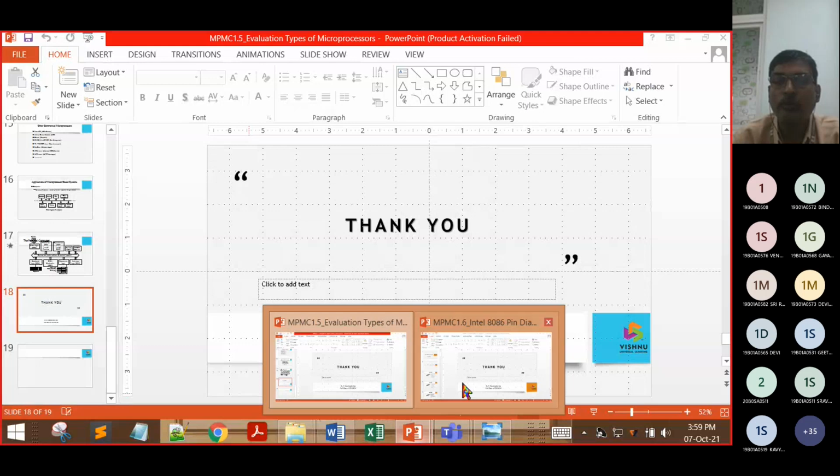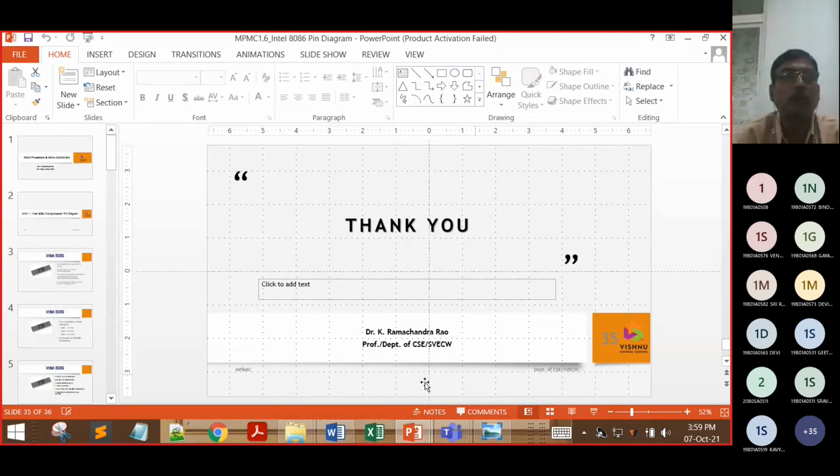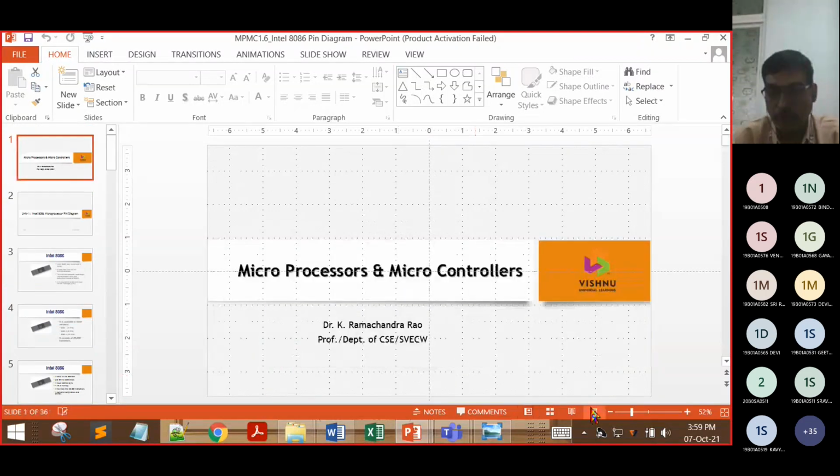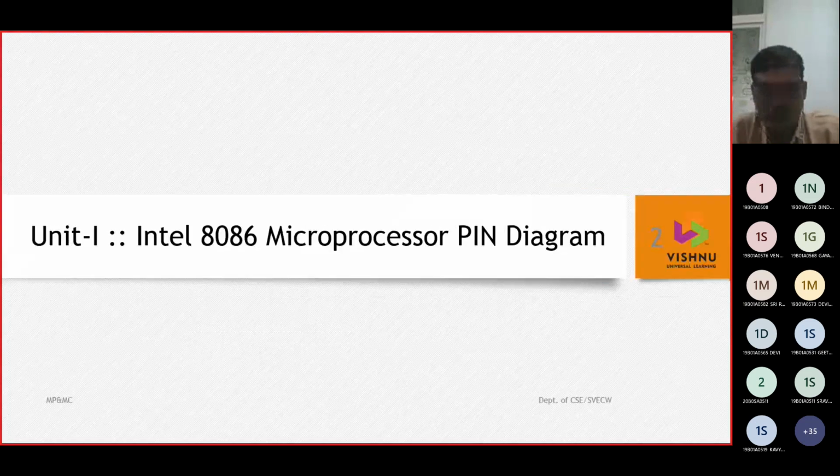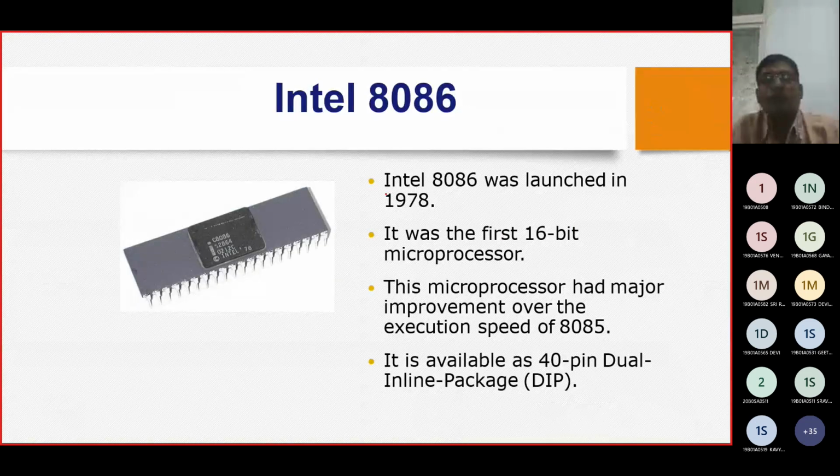Now we will start a new topic. This new topic was the Intel 8086 microprocessor pin diagram. In this Intel 8086, the first key takeaway is that it was invented in 1978.